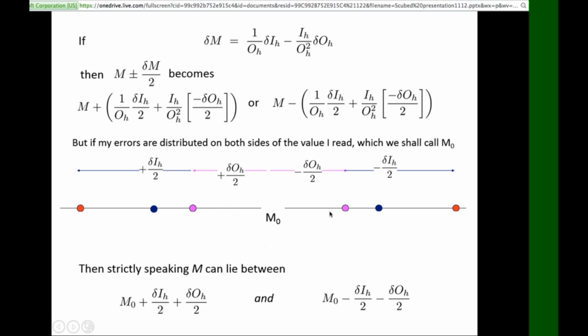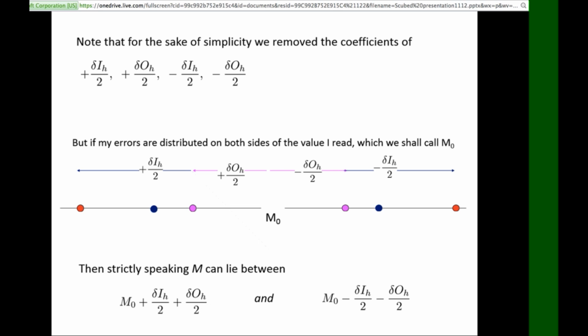However, because of the error in IH, the exact value can also have an error starting from m0 that goes from m0 up till here. So if you add up those two errors, my value can be displaced from m0 by this much.